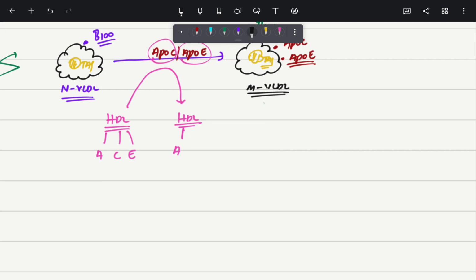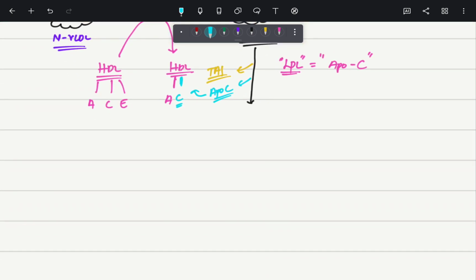To this mature VLDL, there is an enzyme called lipoprotein lipase, and this lipoprotein lipase will recognize the apoprotein C2, or we can simply call it apoprotein C. Once it recognizes the apoprotein C present on the mature VLDL, it will extract the triacylglycerols, and not only that, it will extract the apoprotein C, and this apoprotein C will travel and get deposited on the HDL.